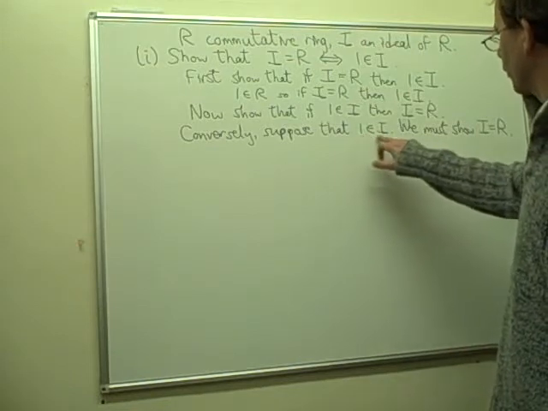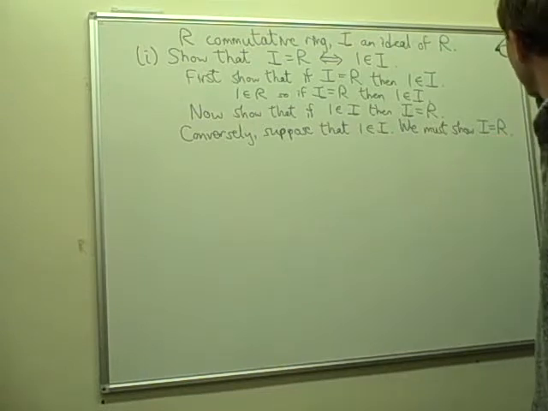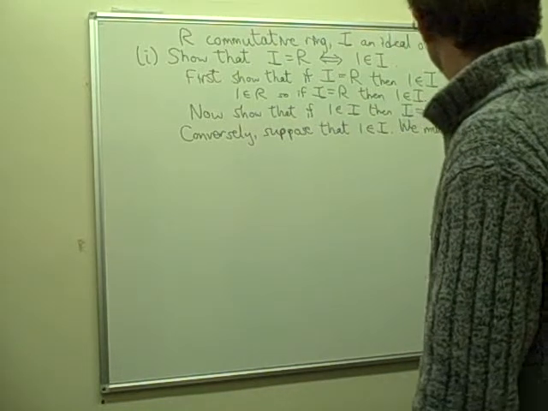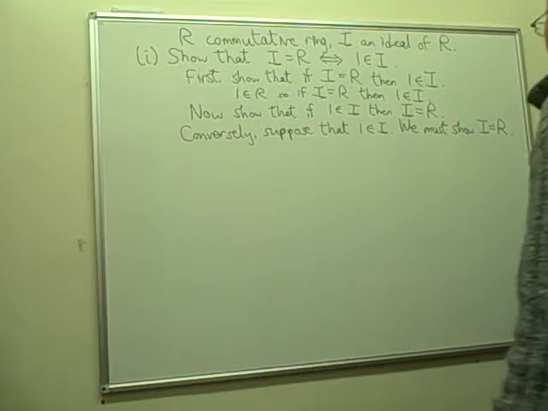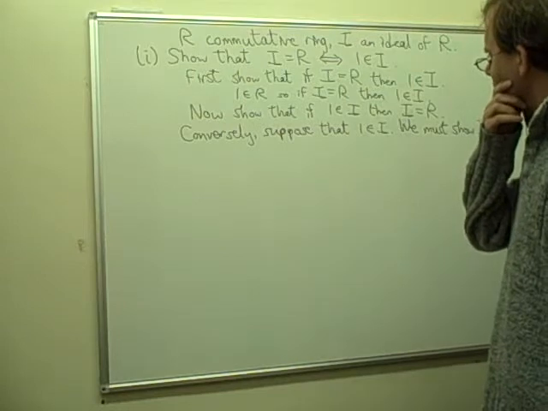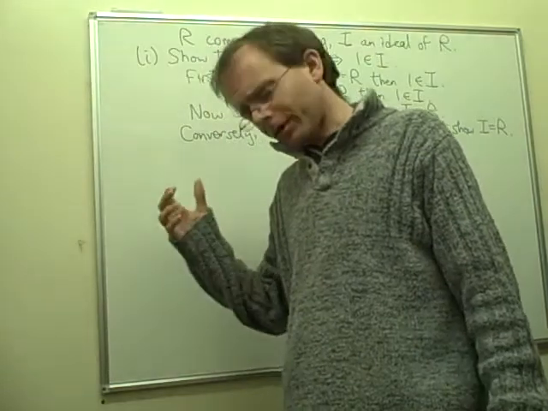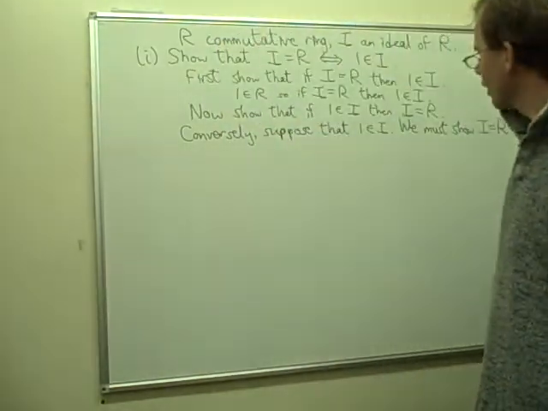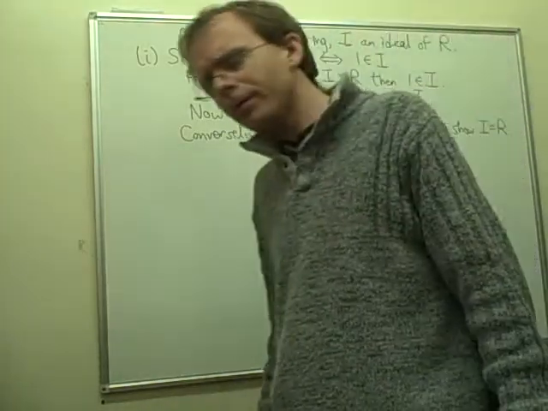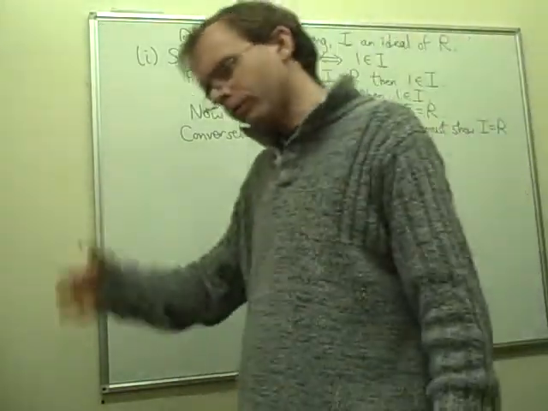So, from the fact that 1 is in I, we want to deduce that everything else is in I. I mean, certainly I is contained in R. It's really for R to be contained in I. That's the thing we need to prove, that everything in R is also in I. Now, it's not really enough to use that I is an additive subgroup, because that gets 0 into I. And given that 1 is in I, it'll get -1 to be in I. And it'll get 1 plus 1, and 1 plus 1 plus 1, and -1 plus -1 plus -1.